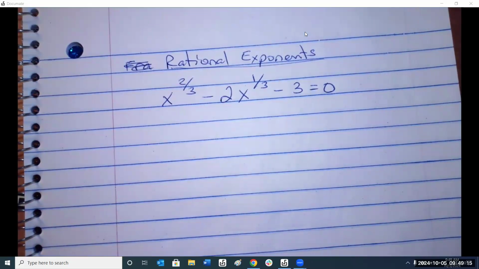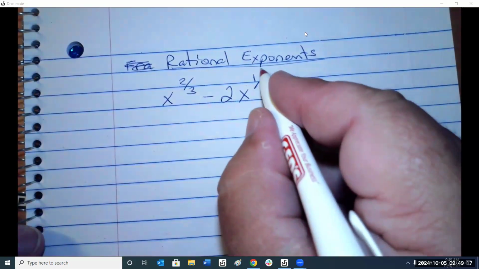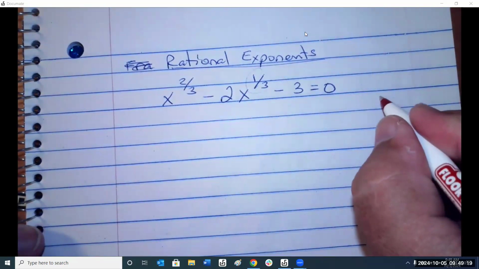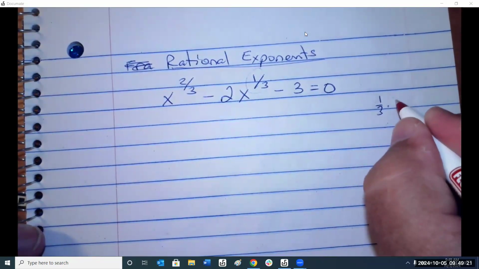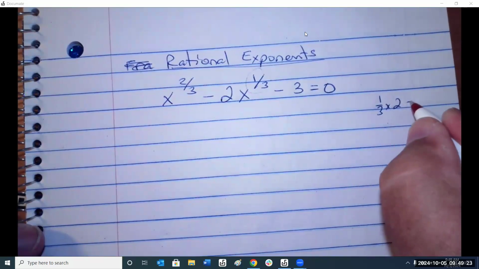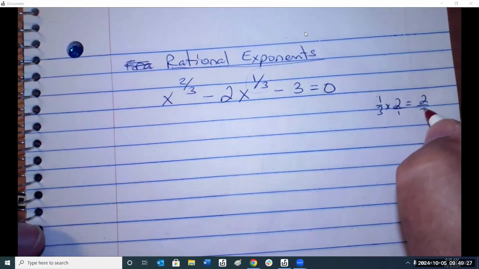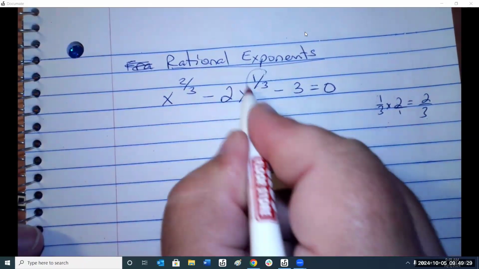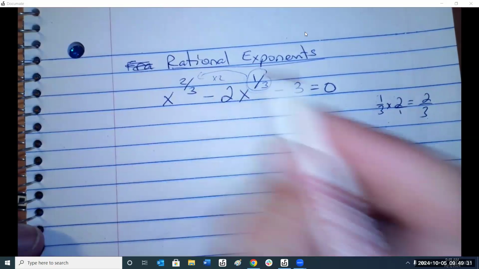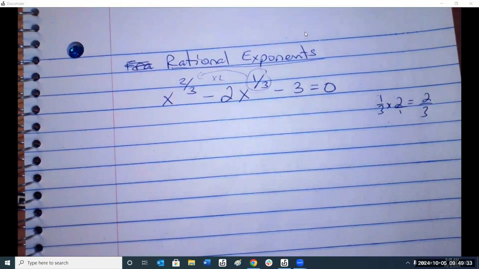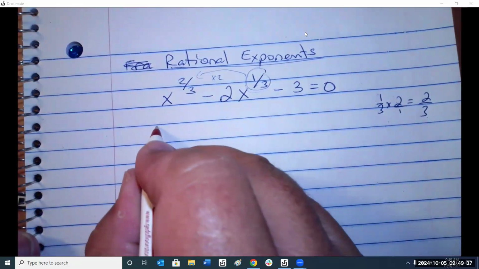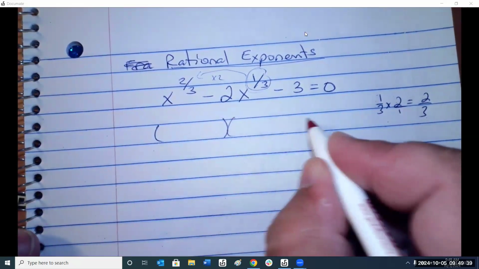Is that quadratic in form? Well, let's see. If I take the middle term, 1/3, times 2, I get 2 times 1 is 2. Do I get the first term? Yes. So it is quadratic in form. So I can use any method I want to.